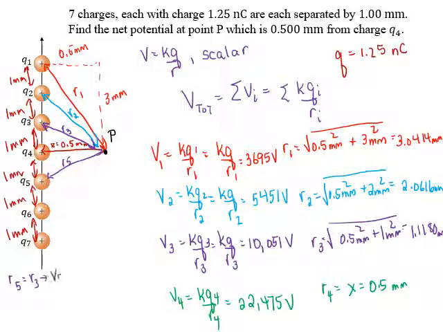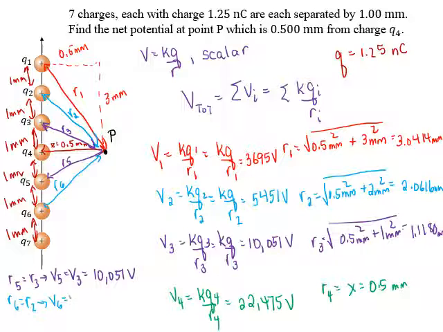That means V5 equals V3 equals 10,051 volts. Okay, what about 6? So charge 6 has the same distance as charge 2. This is R6. So R6 is 0.5 squared plus 2 squared. That's the same as R2. So R6 equals R2. Same distance, same charge, same potential.